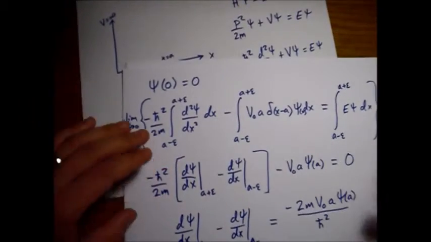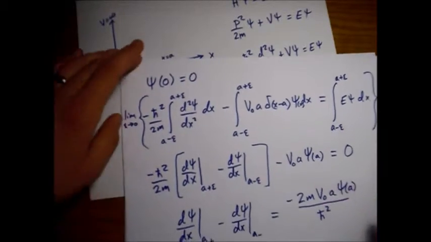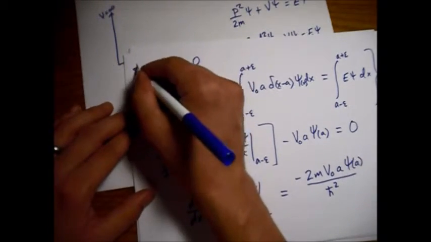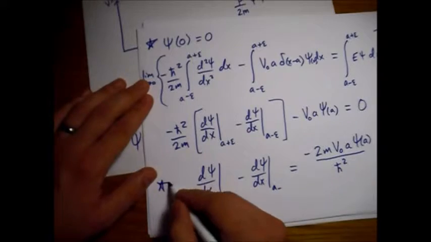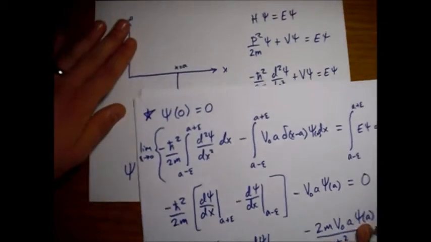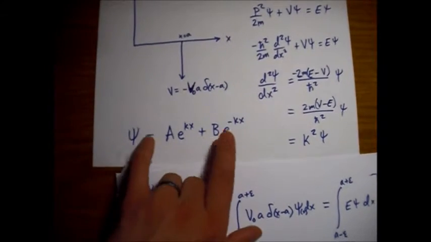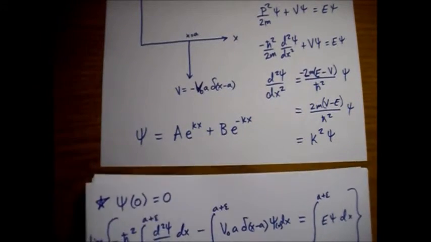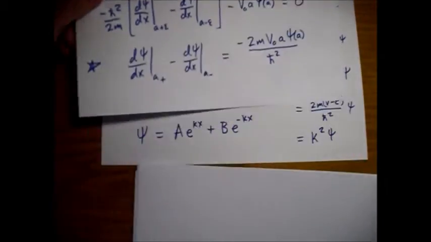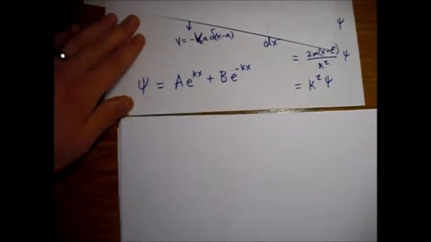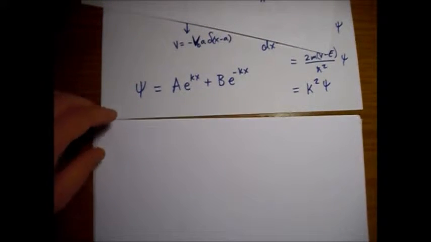These are our two boundary conditions. One of them is right here, and the other one is right here. Using this, we're going to solve for this equation.